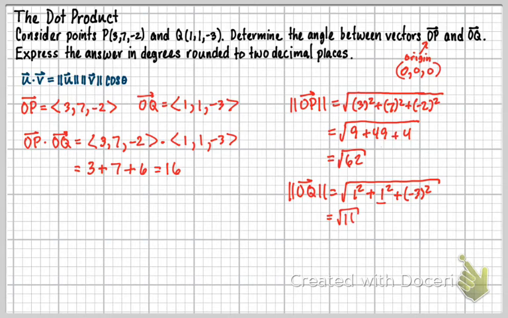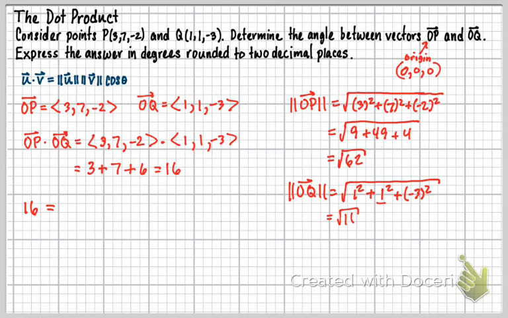Now we have all the information we need to plug into this formula so that we can find theta. U dot V is 16.